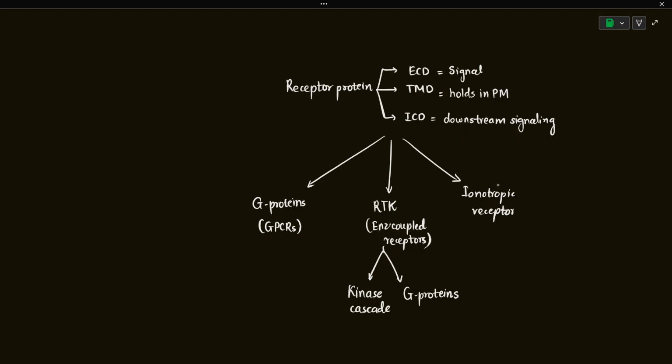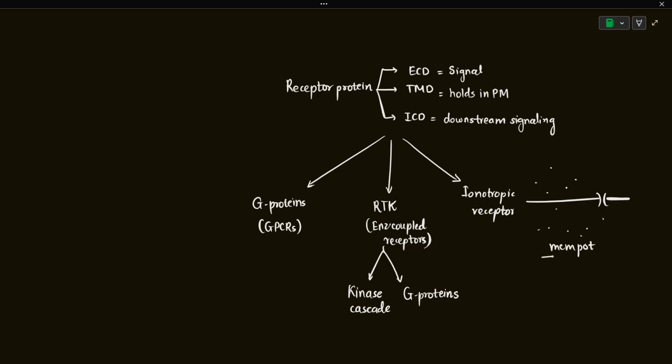But the ionotropic receptors are very different because they use ion channels. Activation of these receptor proteins will directly open an ion channel. So what does this ion channel do? It is going to exchange some ions. This exchange of ions will result in unequal distribution of ions across the plasma membrane, and this unequal distribution of ions will change the membrane potential of the plasma membrane.